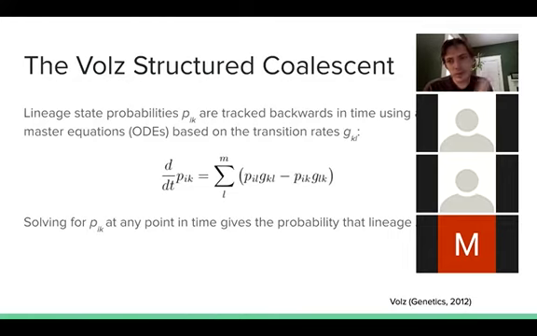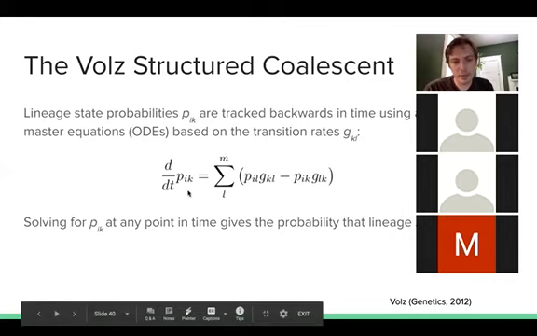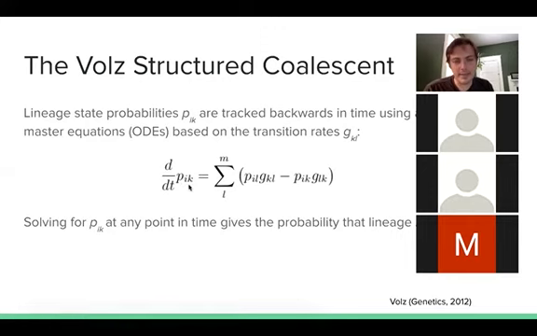The way that we track where lineages are going backwards in time probabilistically is using this set of master equations, which is really just a system of ordinary differential equations that tracks the probability of each lineage i being in each possible state k.